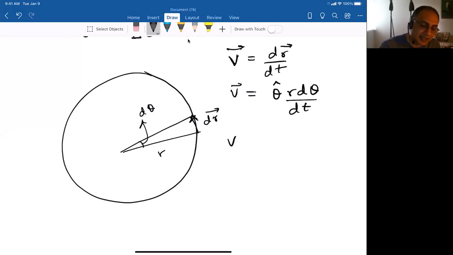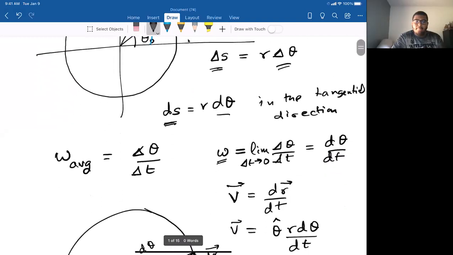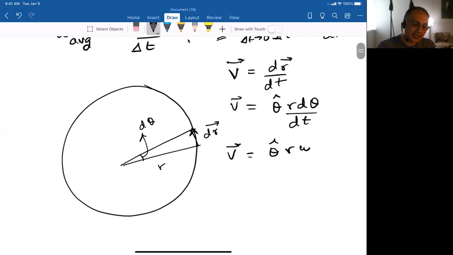And so the velocity vector is theta hat, r is a constant. What is d theta over dt? Is that omega? Yes, it's omega. So we get theta hat times r omega. That makes sense? So the magnitude of the velocity, which is the speed of the particle as it's going around in the circle, is given by r multiplied by omega, right? And what is the direction of the velocity?